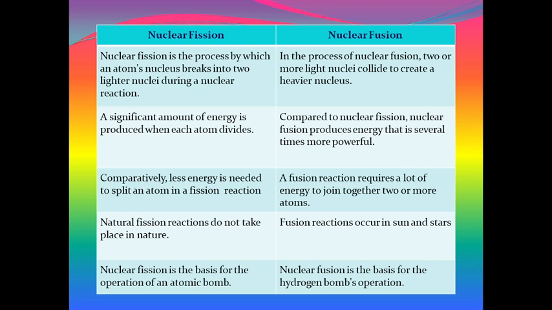As a second difference, a significant amount of energy is produced when each atom divides, and if we compare with nuclear fusion, it is the process that produces several times more energy, more powerful than nuclear fission. Comparatively, less energy is needed to split an atom in a fission reaction, but a heavy amount of energy is required to join two or more atoms.